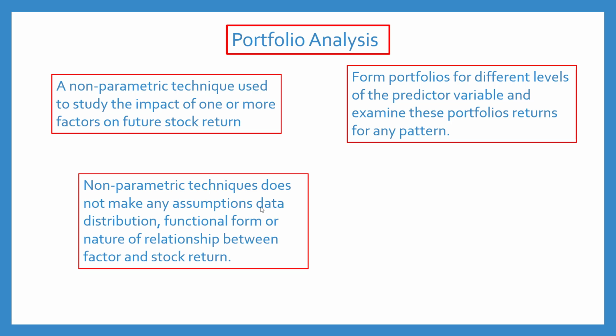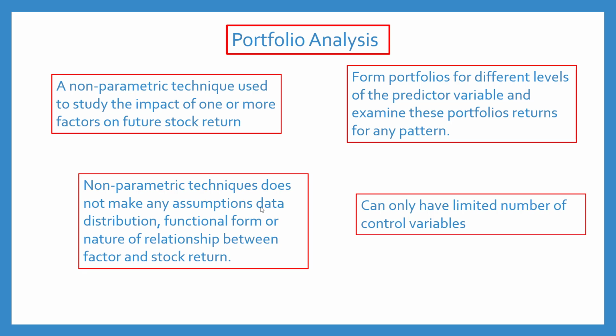The advantage of using this non-parametric technique is that it does not have any assumptions related to data distribution, functional form, or the relationship between the independent and dependent variables. For example, if you want to use regression, you have to test certain assumptions, such as heteroscedasticity and multicollinearity. But with non-parametric techniques such as portfolio analysis, we do not have to worry about these assumptions.